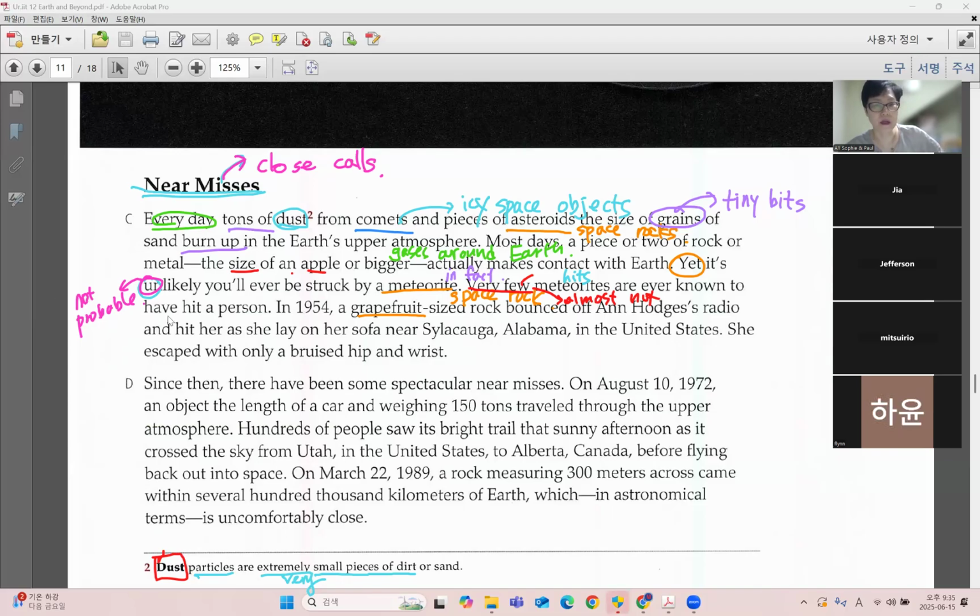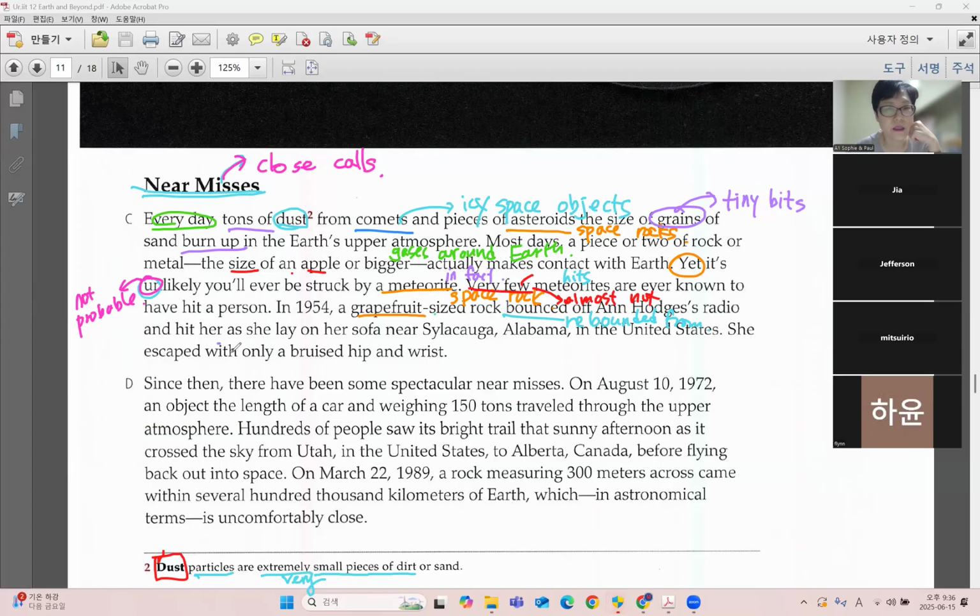What is bounced off? So easy. It means rebounded from. Off Hodge's radio. It was a radio.